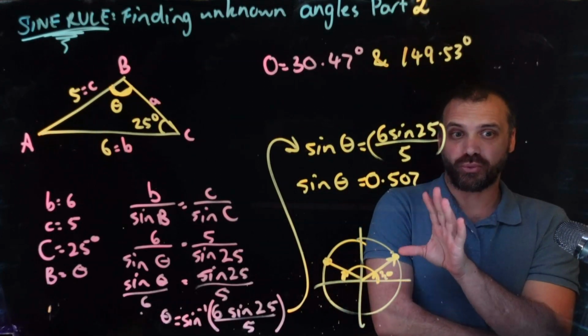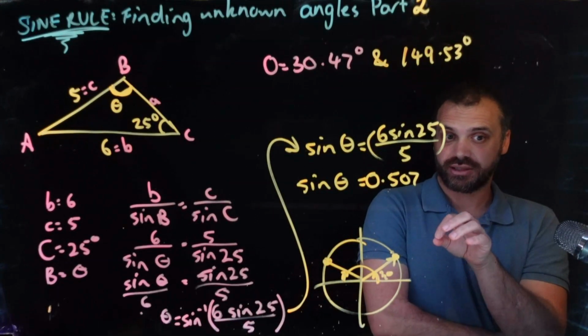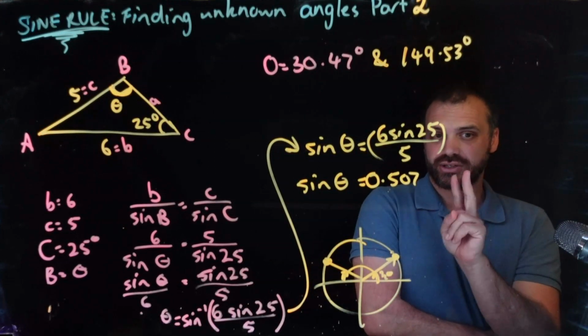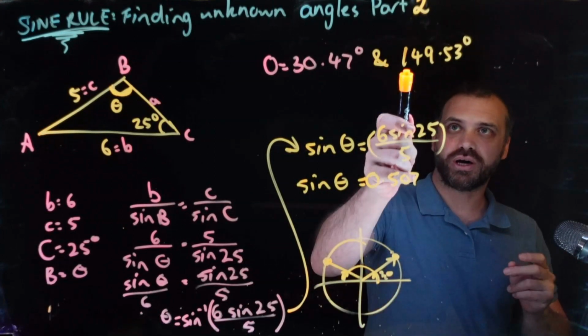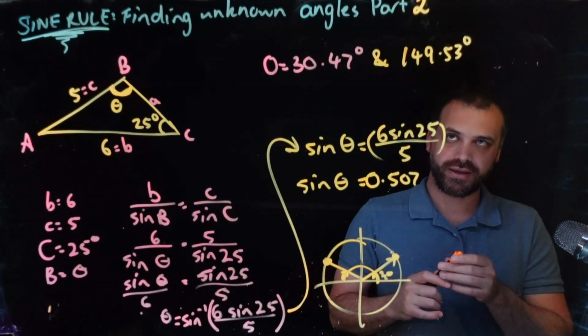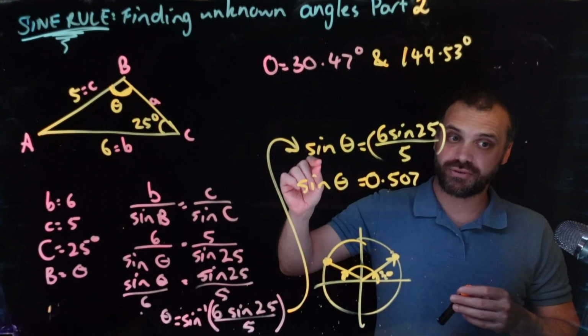Now, that's a potential answer. It might not work. Sometimes this works, sometimes it doesn't. Sometimes there's one answer, sometimes there's two answers. So how can you check that 149.53 is a correct answer? Well, sub it into your triangle and check to see if it makes sense.